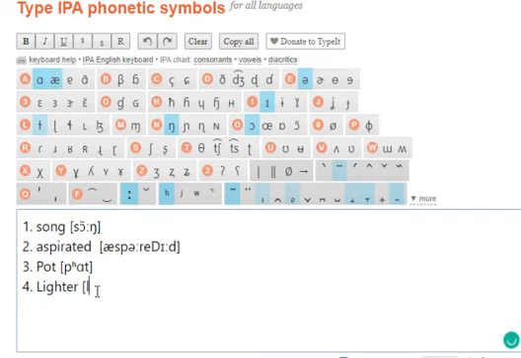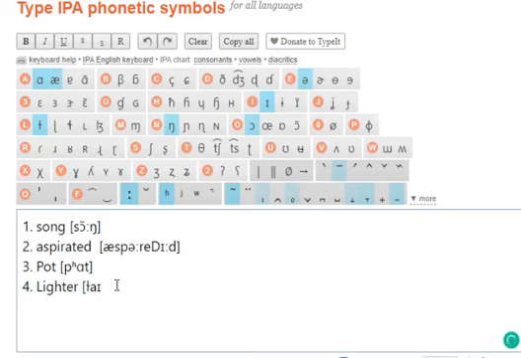So, lighter, we have a diphthong there, which is composed by this vowel, sorry, I, then we have the A sound, okay? But we need to apply the velarization rule. And what is the symbol for the velarization rule? Okay, is this one here, lighter.